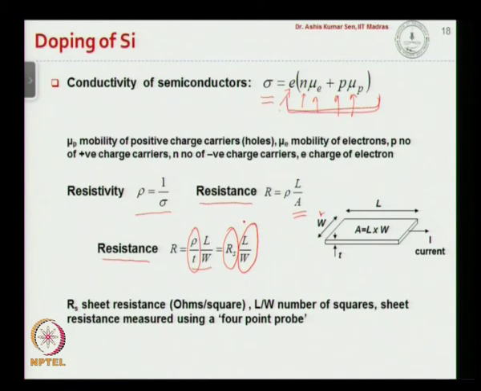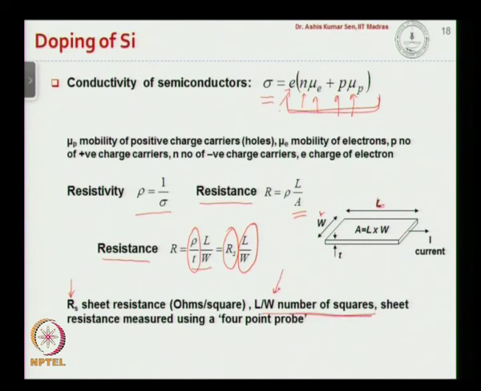So this sheet resistance, the unit is ohms per square. Okay. So this is sheet resistance, which has unit ohms per square, and L over W is the number of squares we have. So the L of the substrate could be very high. So then W, if you divide L into equal number of W's, okay, then you can find how many squares we have.